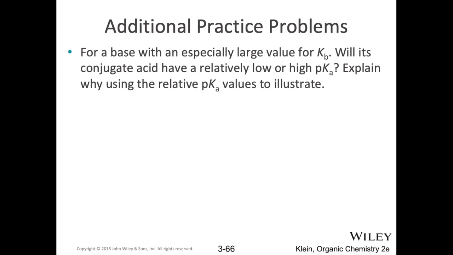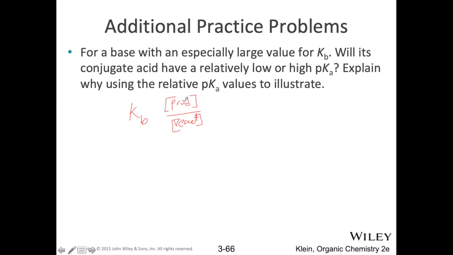Let's first figure out what we're trying to do here. With a base, we have a large value of Kb. So you should ask yourself, is this a strong or a weak base? Remember, with an equilibrium, your Kb is going to be your products over your reactants, for any equilibrium constant.